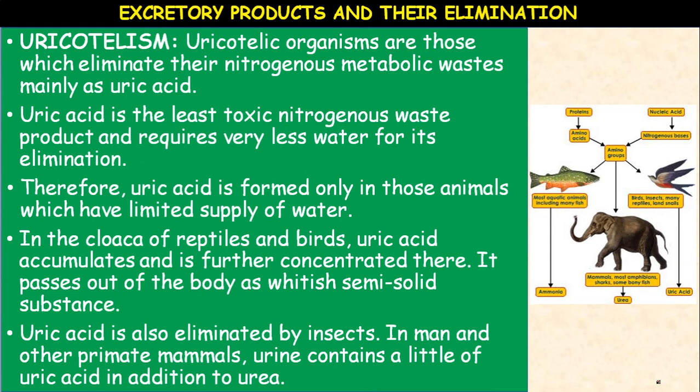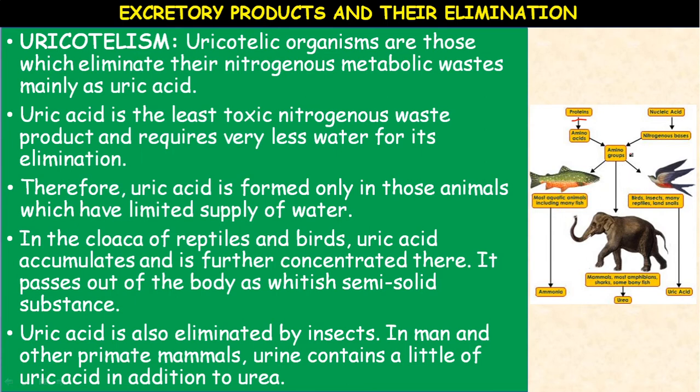Okay. So during the metabolism of proteins, the proteins are converted to amino acids, and the amino groups are released. The nucleic acids are converted into nitrogenous bases, and these nitrogenous bases of nucleic acids are also converted into amino groups. So these amino groups, in most aquatic animals including many fish, are converted to ammonia.